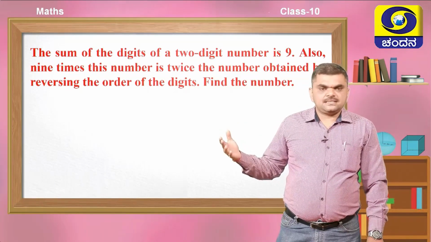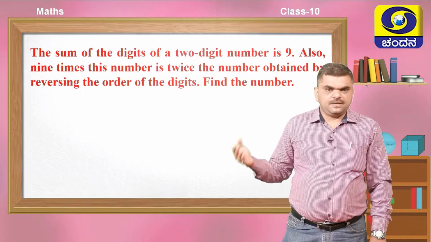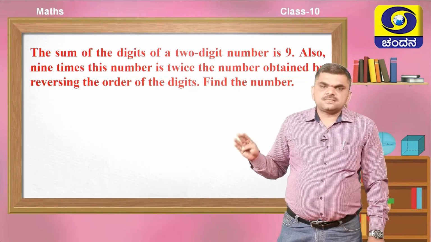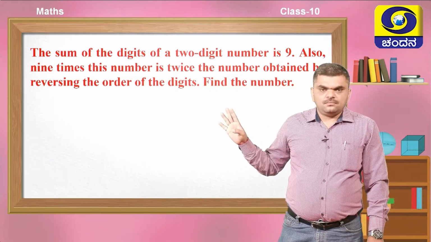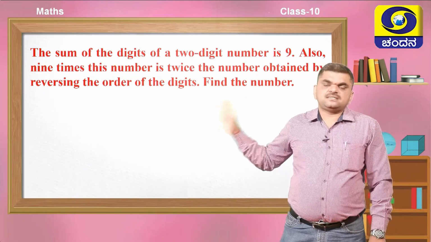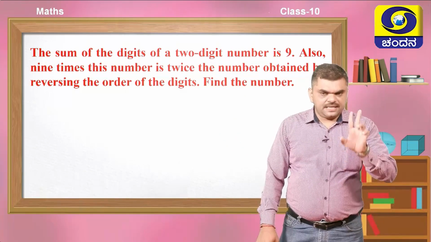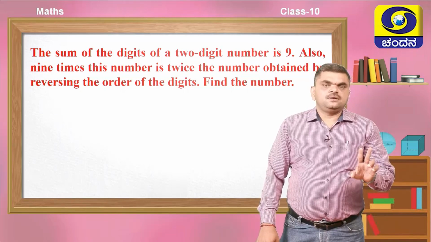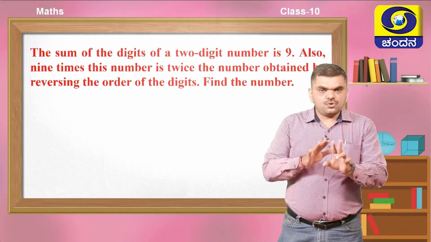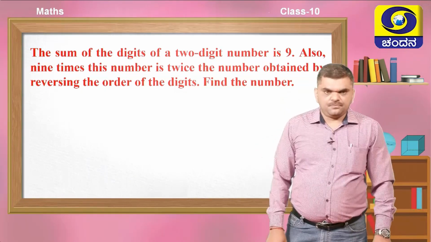So, let us see one more example here, children. The sum of digits of a 2-digit number is 9. Observe here, there is a 2-digit number and the sum of those 2 digits is 9.